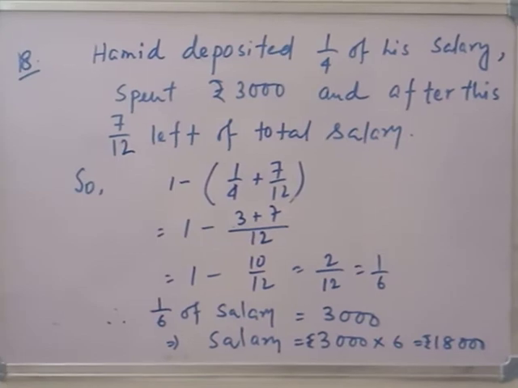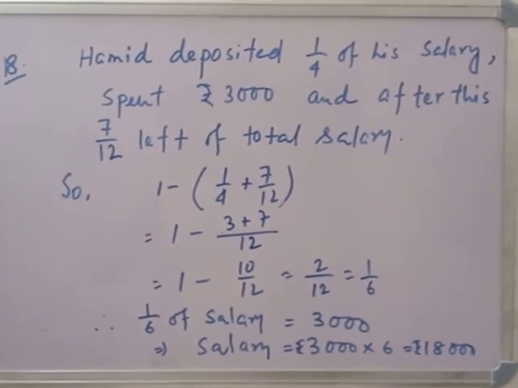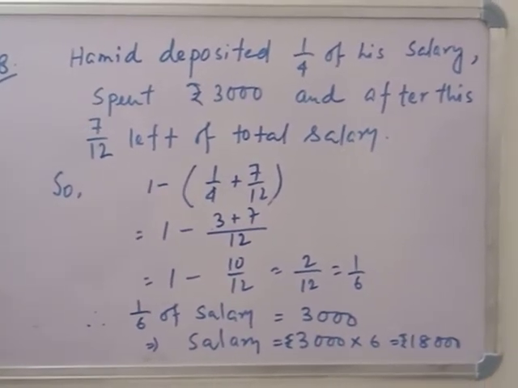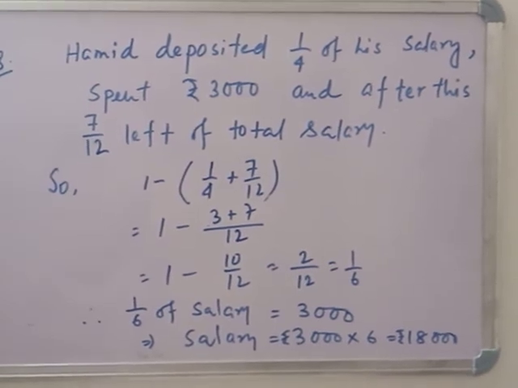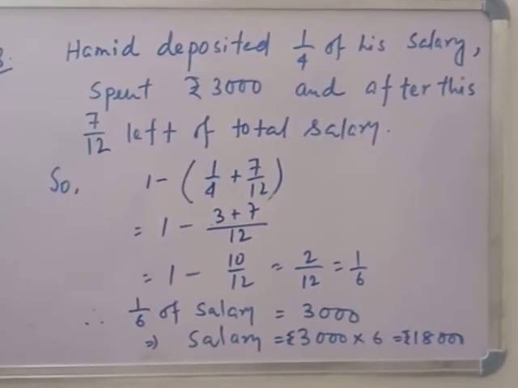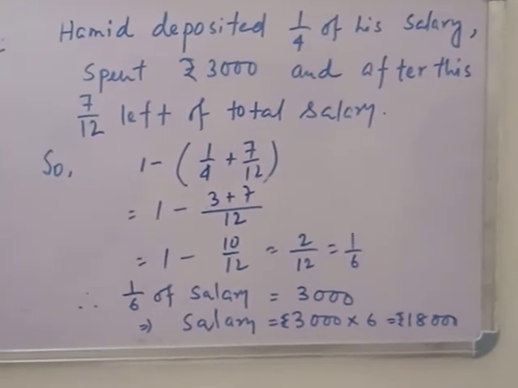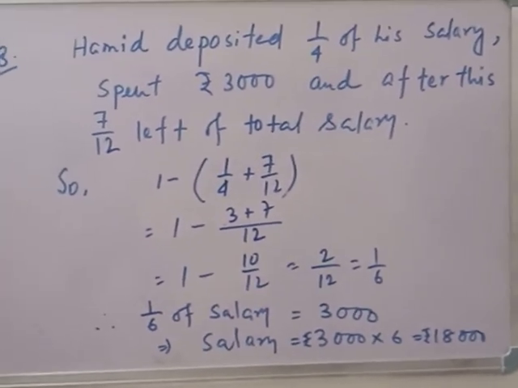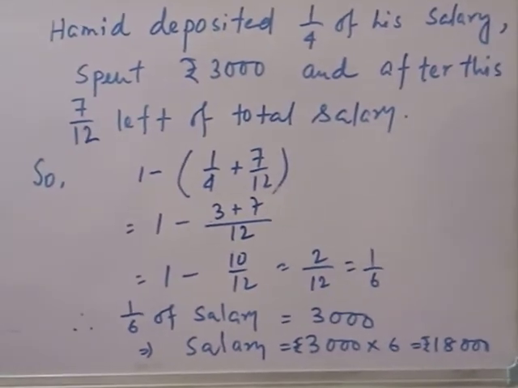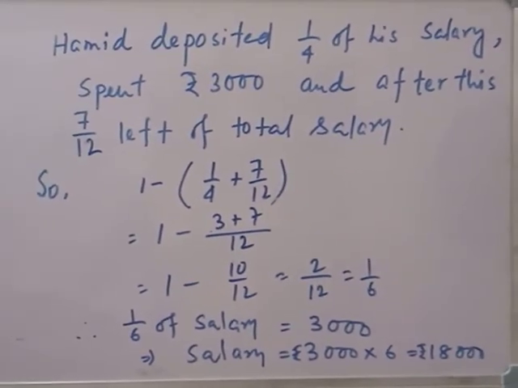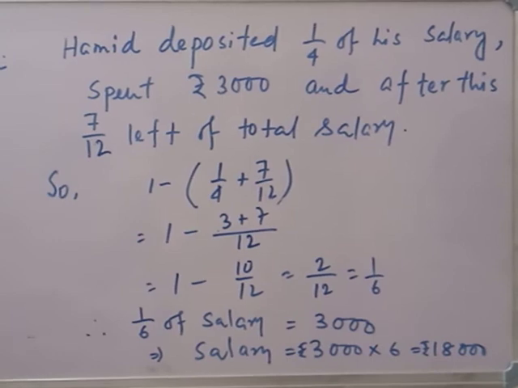And this is the last one, number 18. Hamid deposited 1 by 4 of his salary, spent rupees 3,000, and after this 7 by 12 of the total salary is left. Now, the total is 1. So he deposited 1 by 4 and 7 by 12 is left.